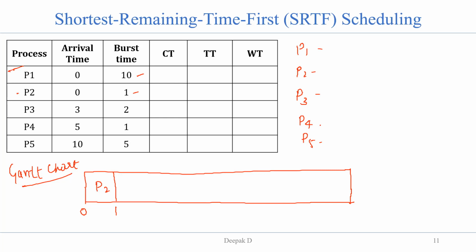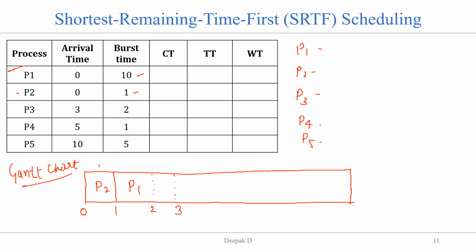So I pick P1 and check if any other process has arrived. At 2 milliseconds no other process has arrived, so I continue for 1 more millisecond, and again I check if any other process has arrived.